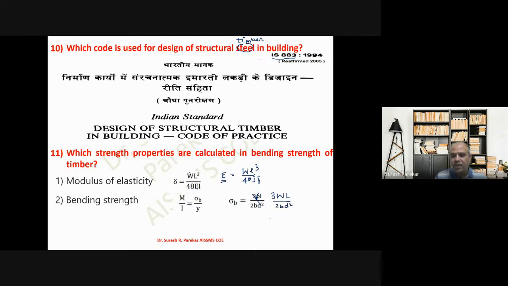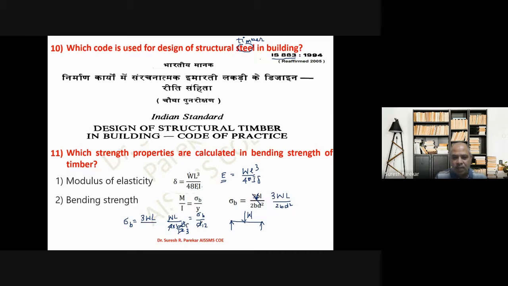Then how do we get this formula? As it is simply supported and the load is applied at the center, M is WL by 4, I is BD cube by 12, and Y will be D by 2. From this you will get sigma B: 4 threes are 12, then the 3 will go up, so we get 3W into L divided by BD square, because one D gets cancelled.